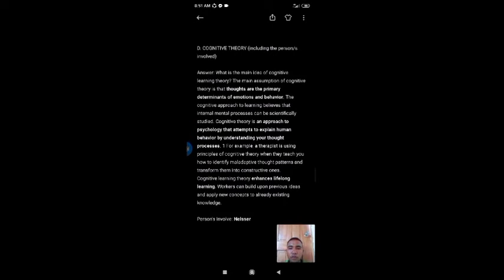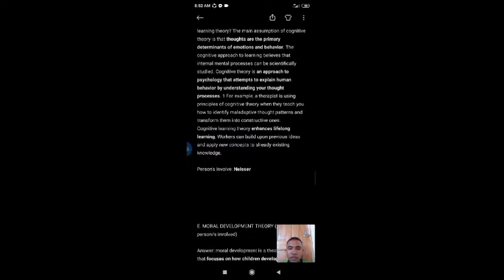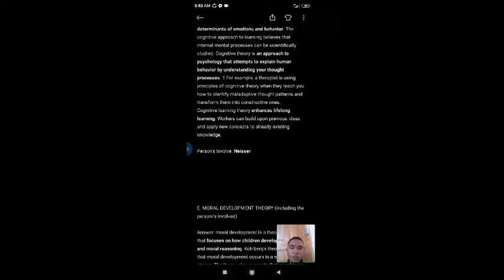The cognitive approach to learning believes that internal mental processes can be scientifically studied. Cognitive theory is an approach to psychology that attempts to explain human behavior by understanding thought processes. So cognitive learning theory enhances lifelong learning.